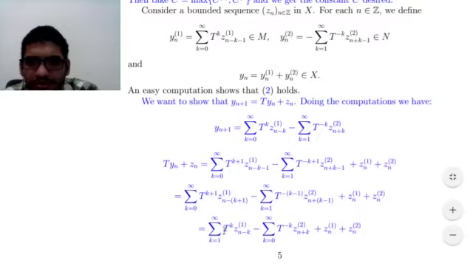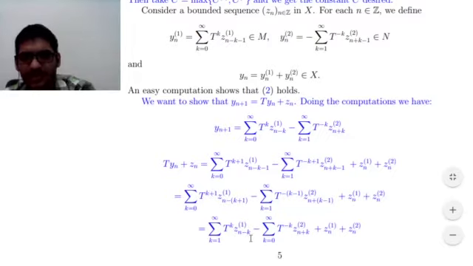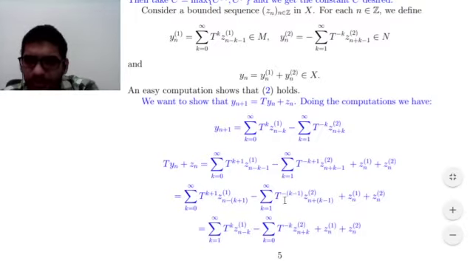we make this to change the sum, so you can start here when k is equal to 0, this is equal to 1, so you start here from 1, you go to infinity, and in the same way when k is equal to 1, you start here from 0, so you make this.